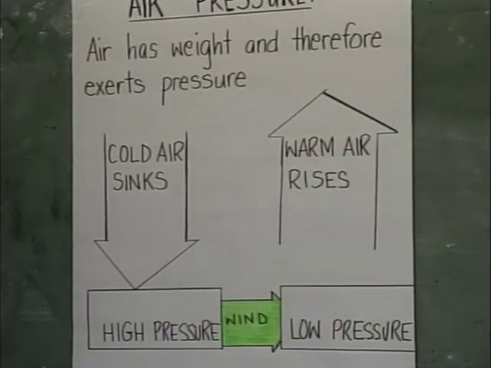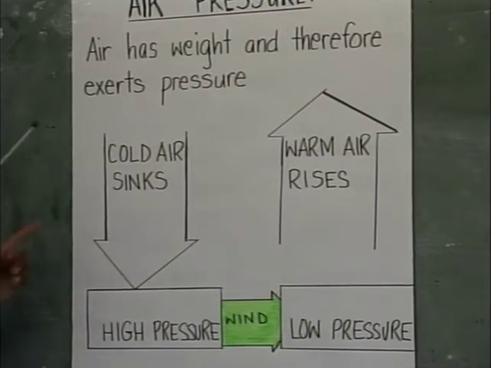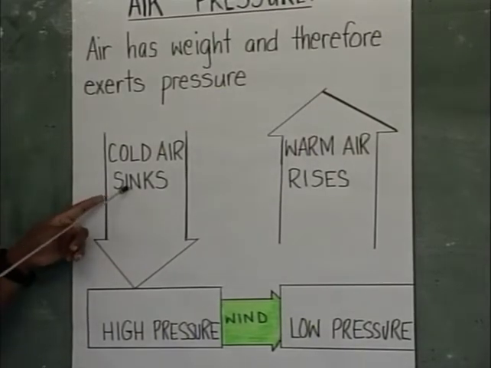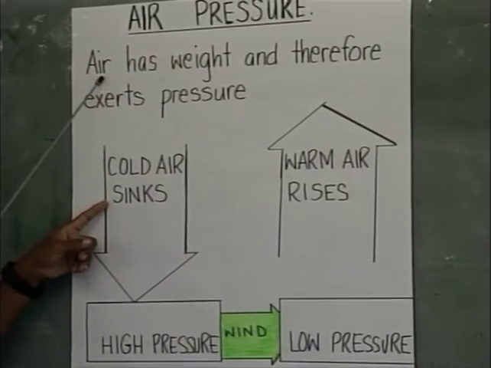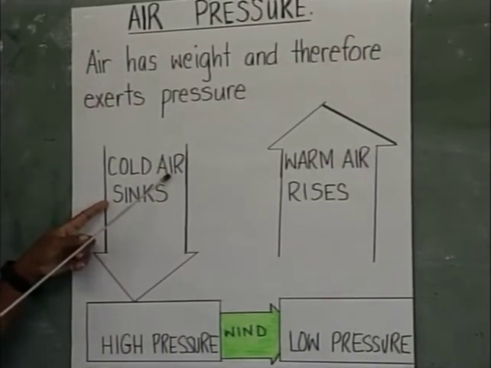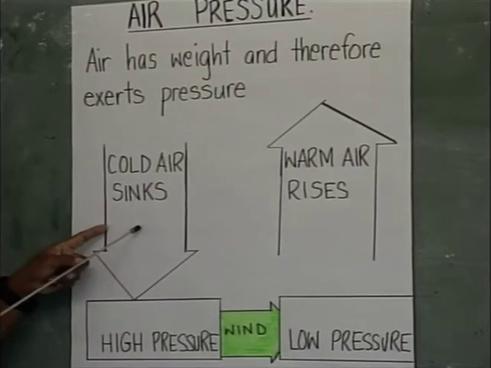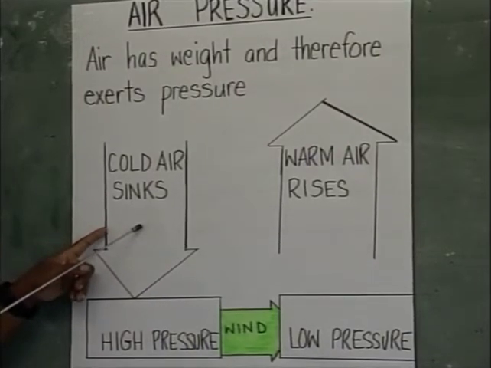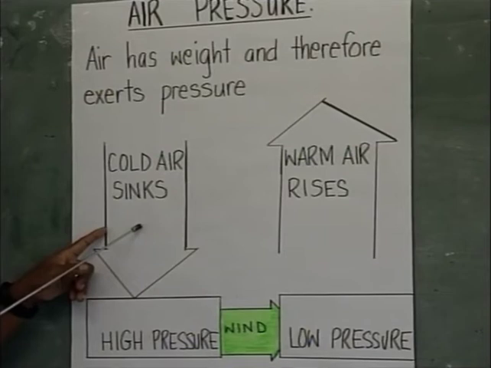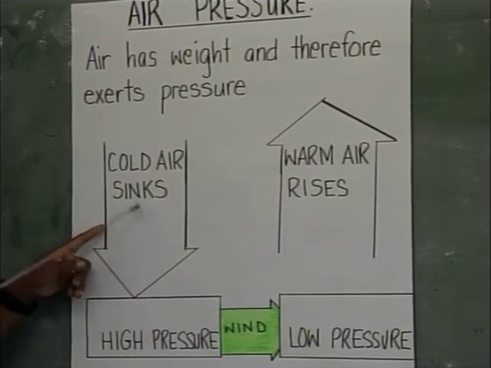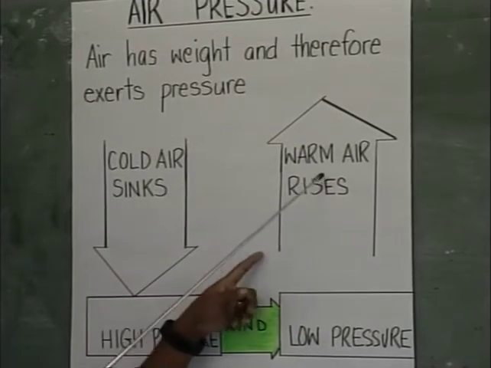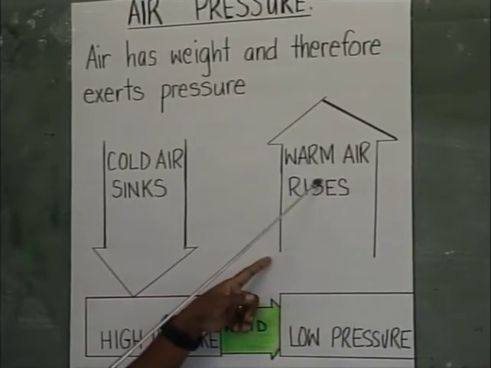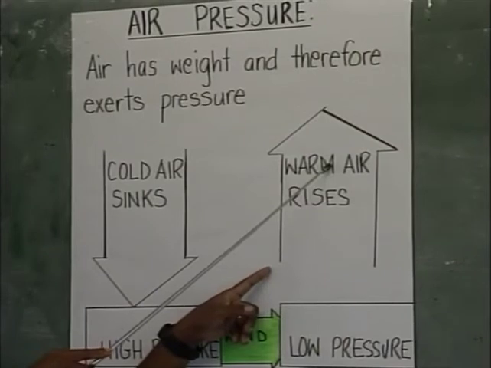From what we have already learned in science, perhaps, we know that, because when we're looking at air pressure, it has to do with air, cold air will always sink. Why? It is dense or heavy. And because it is dense or heavy, it will always sink. Warm air or hot air will always rise.